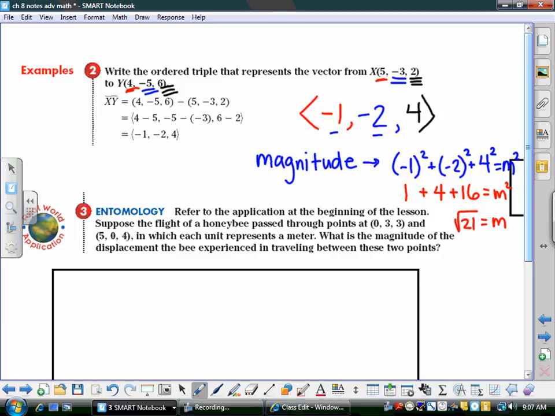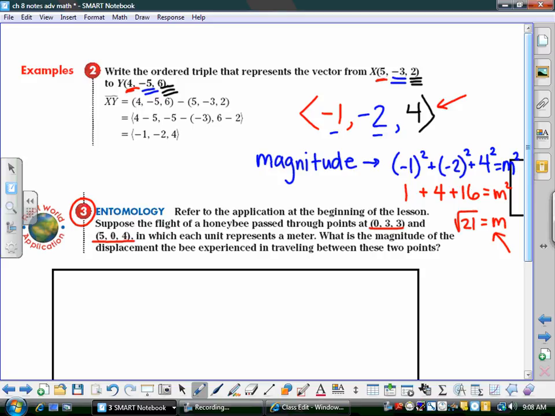You're going to do those same 2 things, write an ordered triple and find the magnitude, on example 3. Example 3 is talking about an application about a bee flying through space. If it passes through the point (0, 3, 3), and then it goes to (5, 0, 4), what's the magnitude of the displacement the bee experienced in traveling between the 2 points?